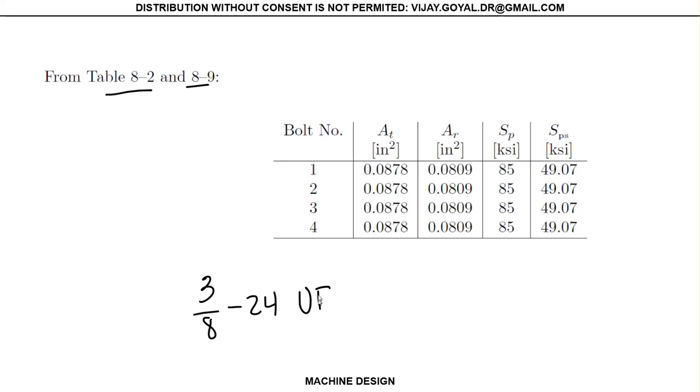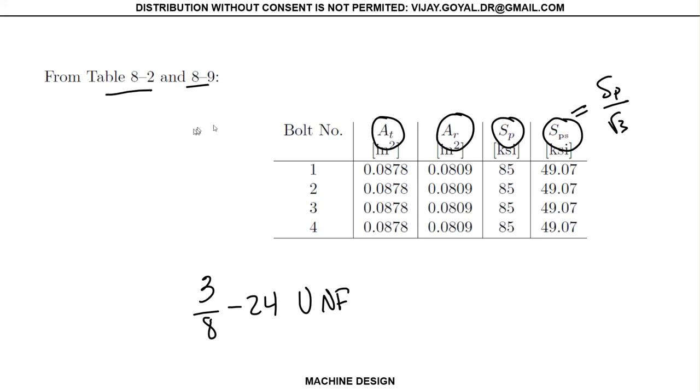You can go to table 8.2 and find which bolt it is. I gave you here the information we are going to need: the tensile area, the root area, the proof strength, and the shear proof strength. I calculated this; remember, this is Sp divided by the square root of 3, and this comes from table 8.9.